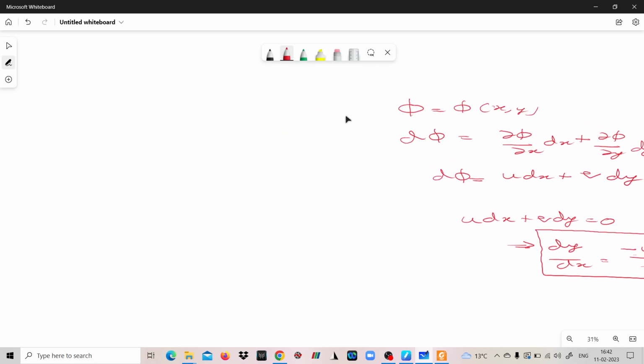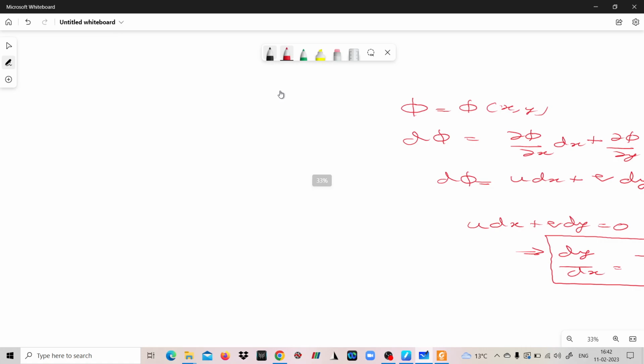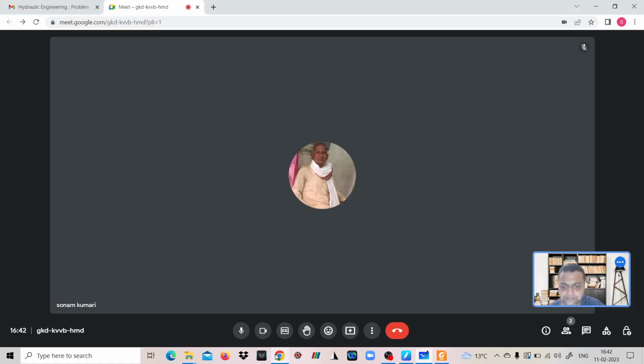Next you consider a streamline. So again the stream function psi, which is a function of x and y. Then the total derivative d psi is given by del psi by del x dx plus del psi by del y dy.